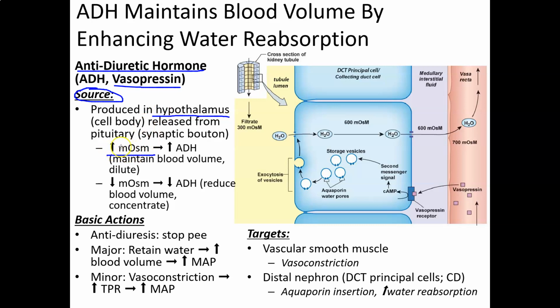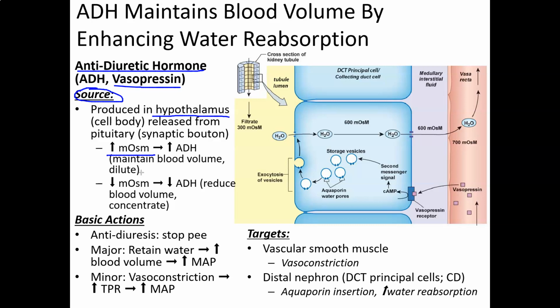If you remember back again earlier in the semester, we talked about the normal osmolarity of human fluid being about 280 milliosmoles. So if your osmolarity goes up, it means your blood is becoming more and more concentrated. And so we would increase more antidiuretic hormone, and that would help us to maintain more blood volume, and that would help dilute the osmolarity of blood back down to normal.